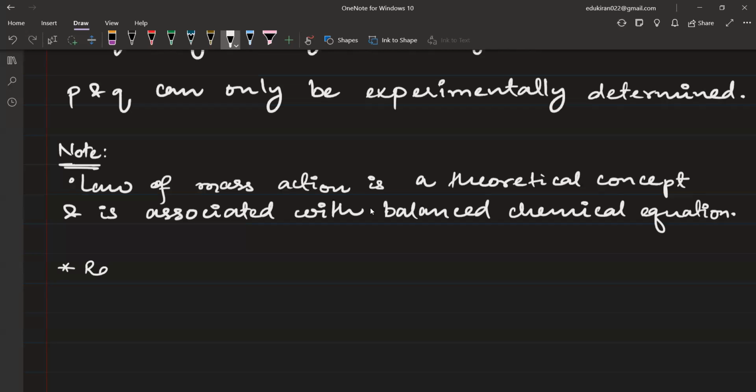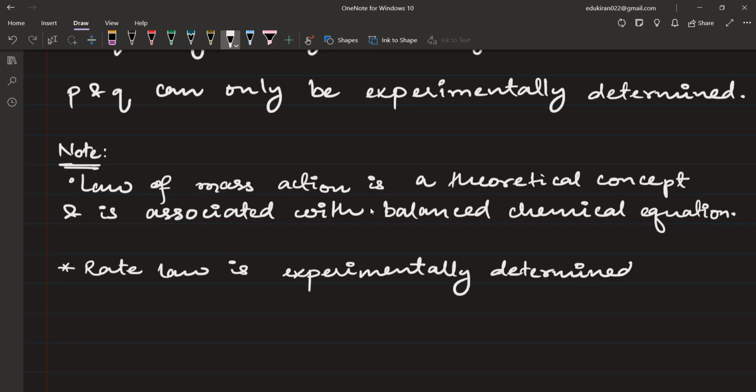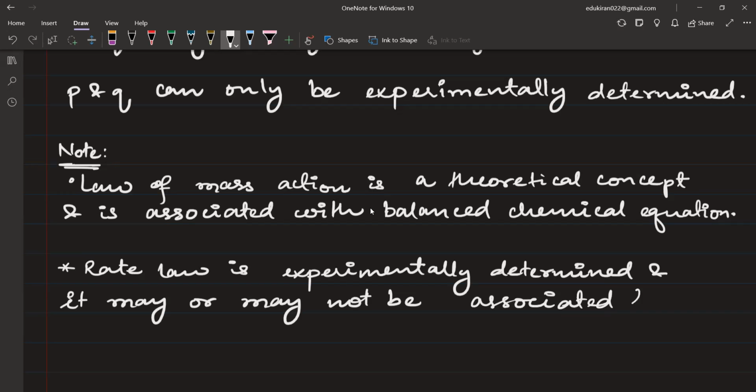Next point. Rate law is experimentally determined and it may or may not be associated to the balanced chemical equation.